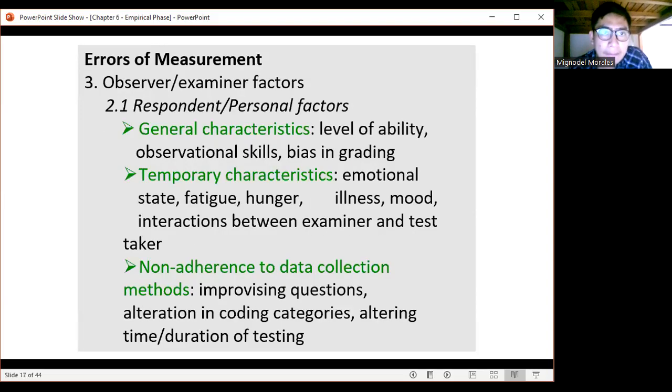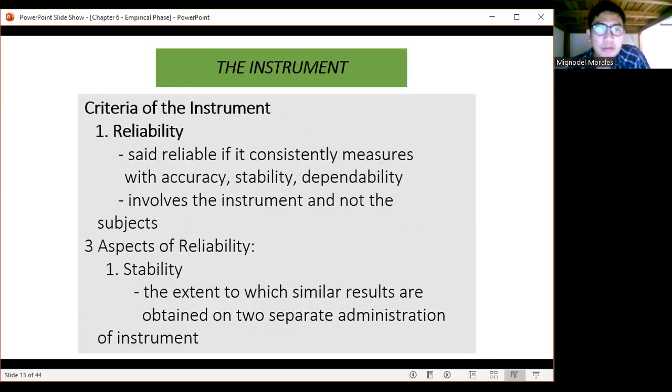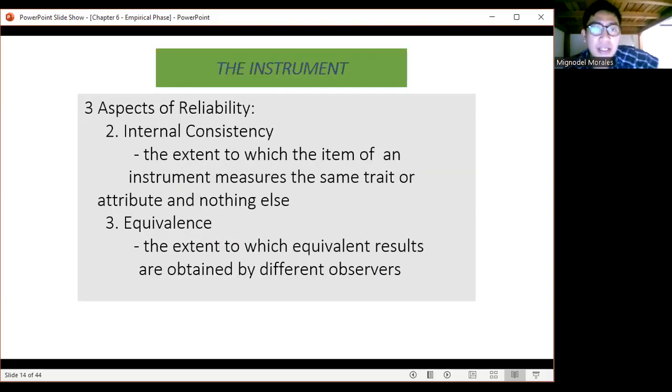So next we have internal consistency. Internal consistency under reliability is the extent to which the items of the instrument measure the same trait or attribute and nothing else. So in creating your instrument, di ba? It is based on the objectives of the study.